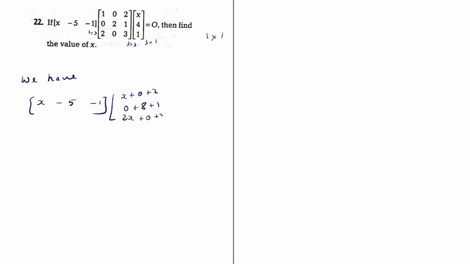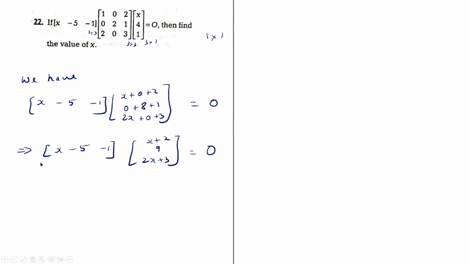This is equal to the 0 matrix, or we get x minus 5 minus 1 into x plus 2, 9, 2x plus 3 equal to 0. So here we have first row, first column.